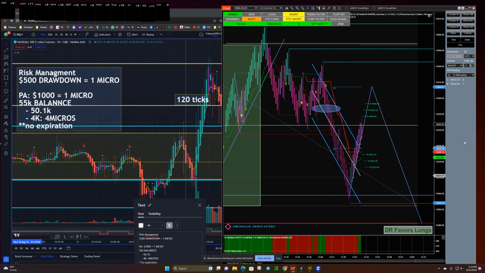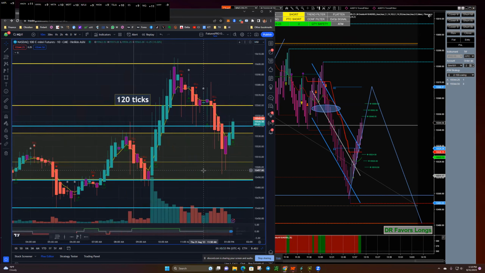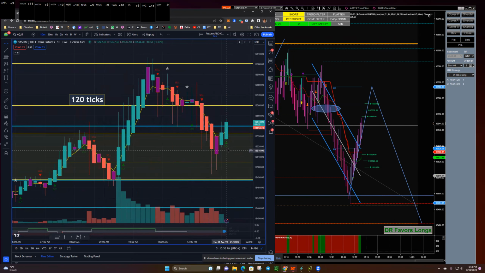Now I'm glad I got out of my 4 mini shorts on my account. Let's see, where would this be? Yep, there's a buy signal. So with this buy signal, had you got in on the 60 and you got out around 40-ish, that would have been 80 ticks.